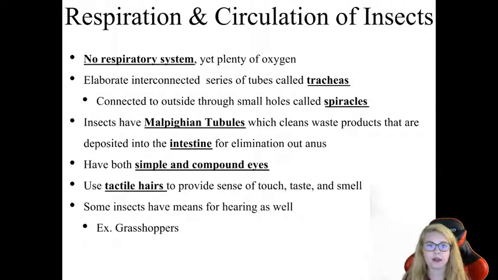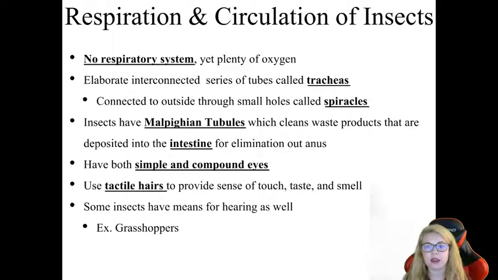In class Insecta, we find both simple and compound eyes. So depending on which insect we're looking at, you may see one or the other. They also often contain what are called tactile hairs, which provide a sense of touch and taste and smell.